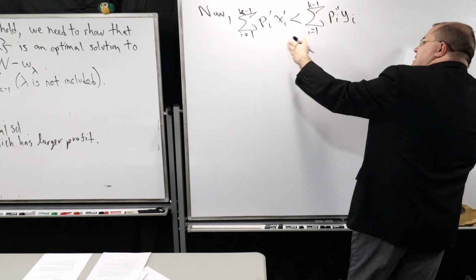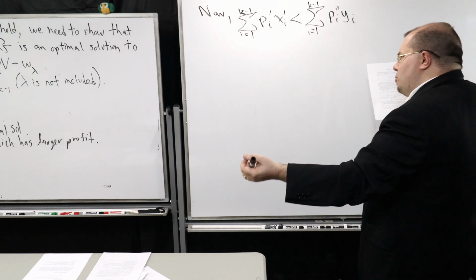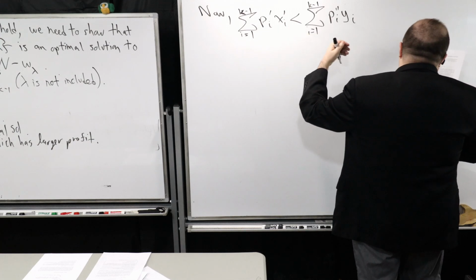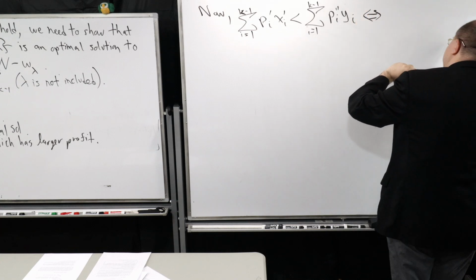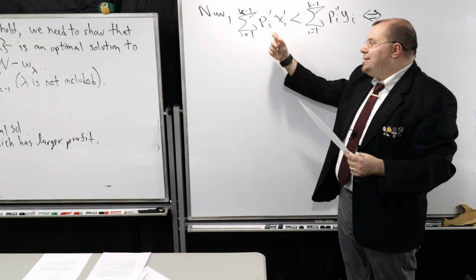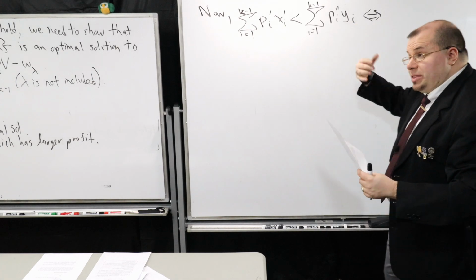This is the assumption from our presumptions here. We said that those assignments lead to a one with a larger profit. These are just the names I gave the profits for their choices. So this is no different than me rewriting the following. I'm just going to paste in the profit that would be associated with lambda. So I'm just going to put that back in.